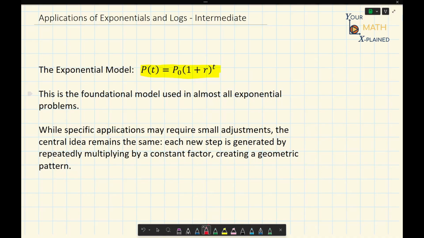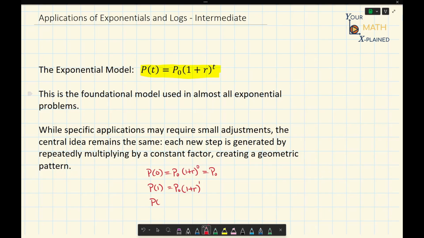So what this means is at time 0, meaning P of 0, that is going to be P0 multiplied by (1 plus r) to the power of 0, and that is going to be equal to just P0. Now, P of 1 is going to be P0 multiplied by (1 plus r) to the power of 1.